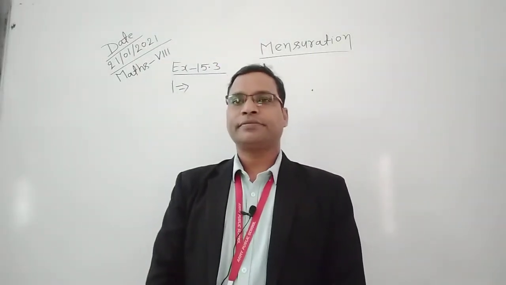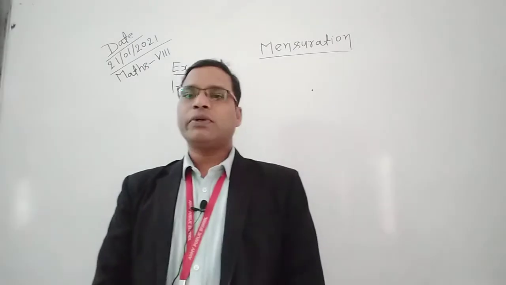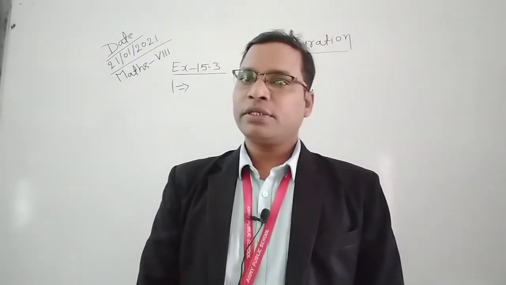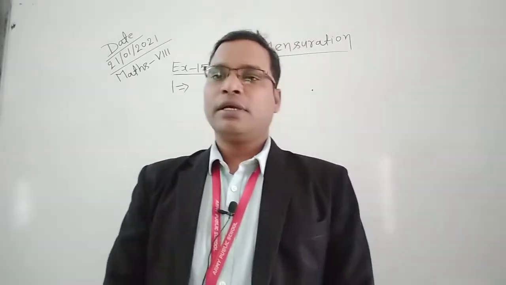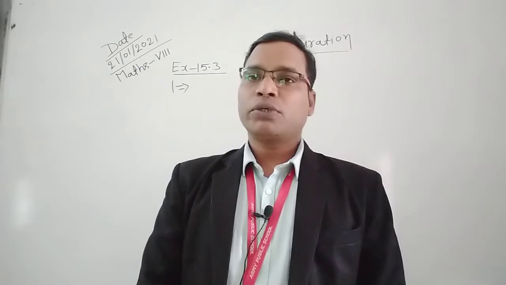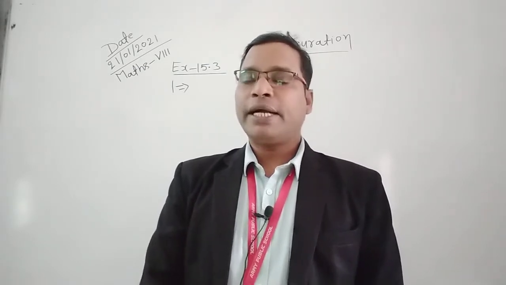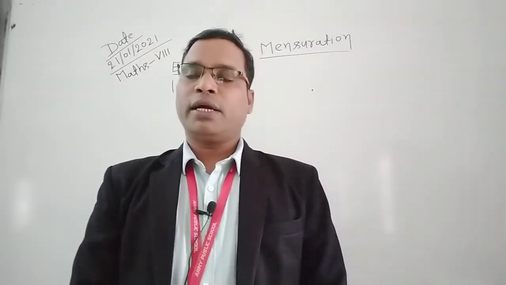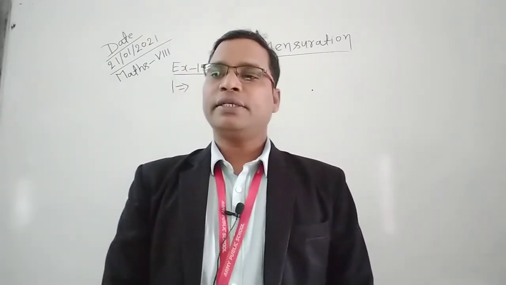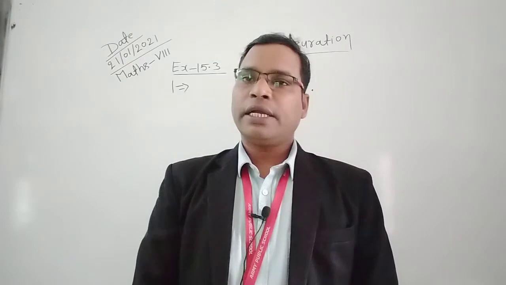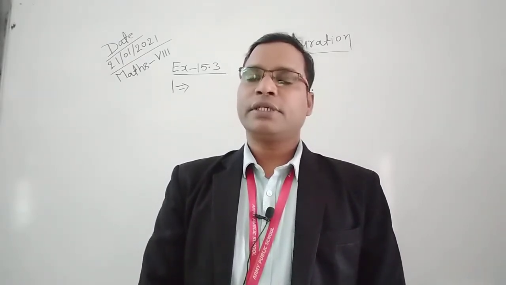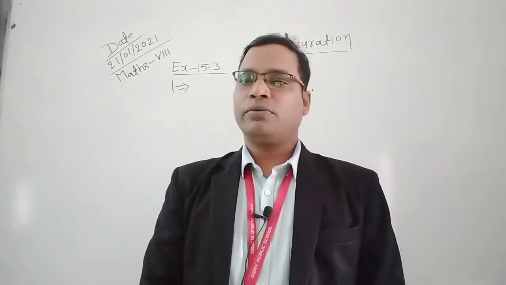Good morning students. Today we are going to discuss chapter 15 mensuration, exercise 15.3, question number 1. Question 1: find the height of a cuboid whose base area is 180 centimeter square and its volume is 900 centimeter cube.